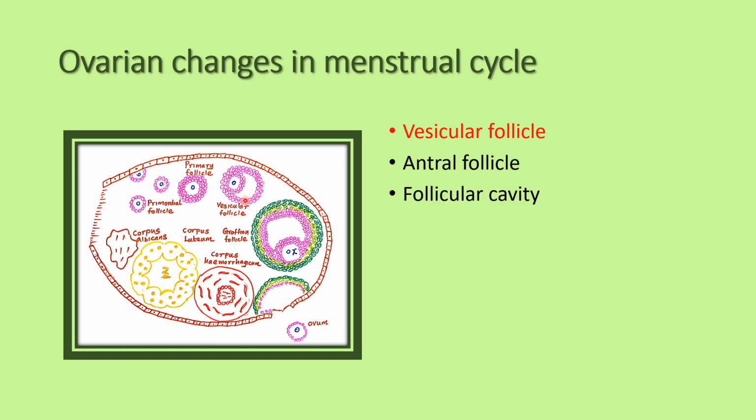That is called the antral cavity, so it is also called the antral follicle. The ovum is moved to one side, surrounded by the granulosa cells, which form the cumulus oophorus.